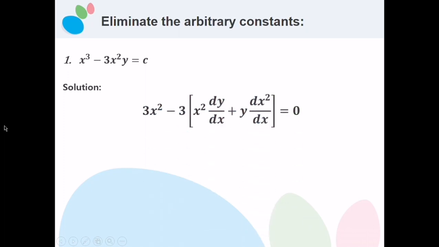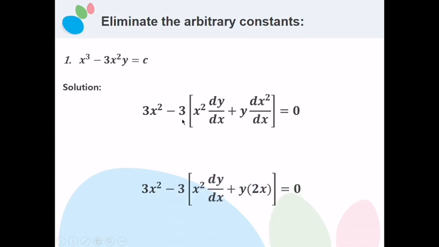Solution. For x cubed, if we derive this, we have 3x squared minus, and now we know that for x squared y, we are going to apply the product rule. This is u dv plus v du. So x squared times the derivative of y with respect to x, plus y times the derivative of x squared with respect to x, equals 0.